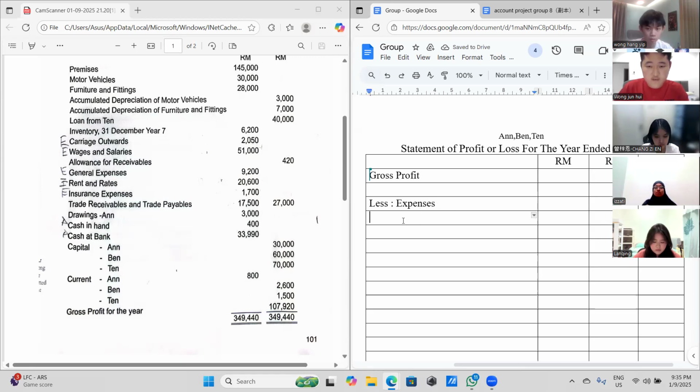The first expense is irrecoverable debts, and the amount of it is 500, and we write it at the second column.